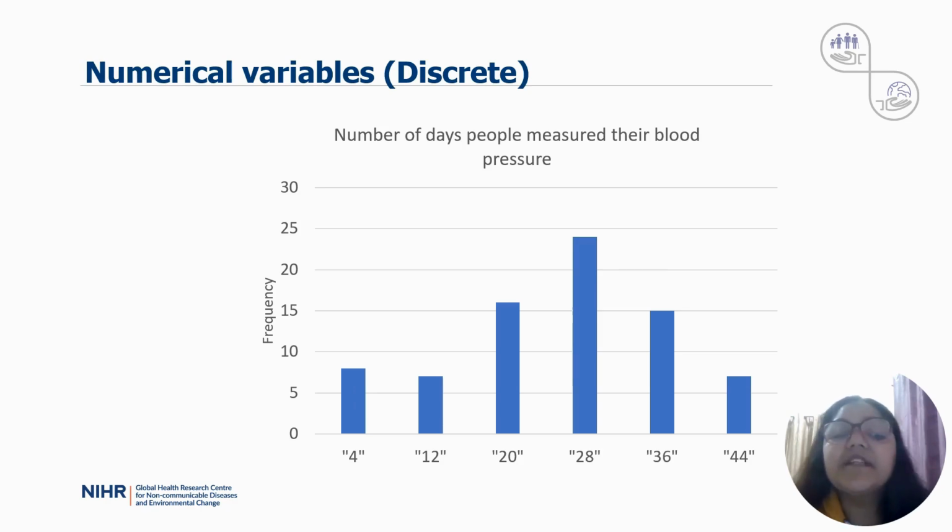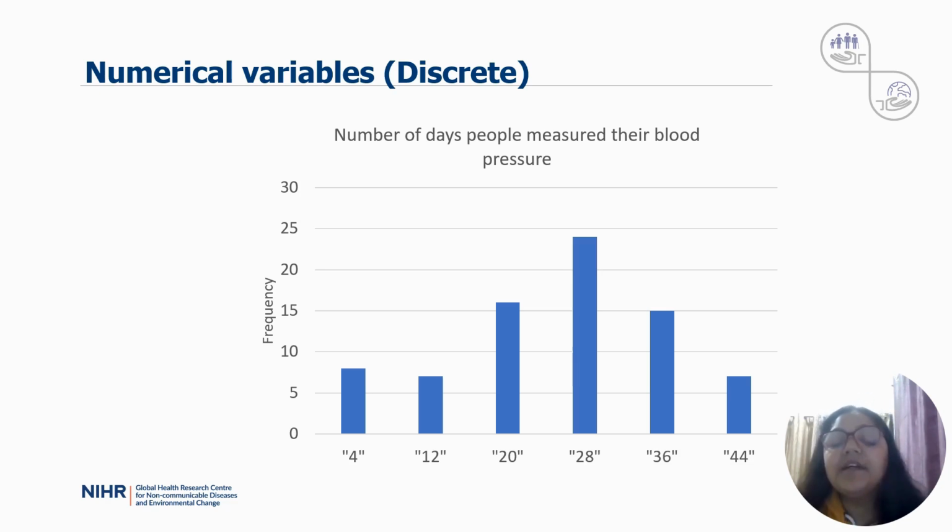In terms of discrete numerical variables, again, the bar diagram is a good way to summarize the distribution of the variable. Here, the outcome or dependent variable may have numerical values, but they are discrete in nature.